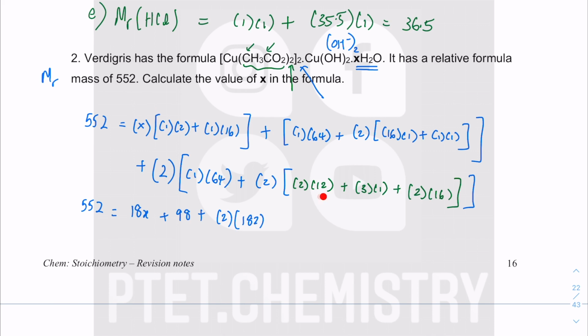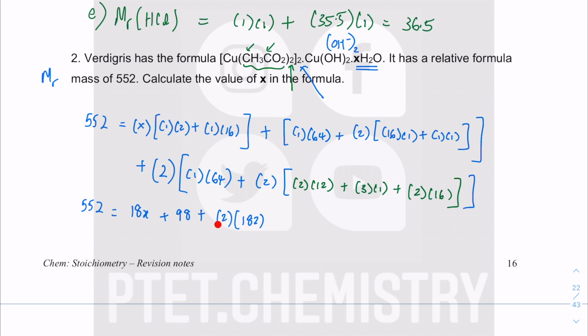So this time I'll do the thing inside the bracket first. So 2 times 12, plus 3 times 1, plus 16 times 2. I get 59. 59 is all of this green thing, times 2. I get 118, plus 64 times 1. What have I done? So times 2 is 118 plus 64. I get 182. You see, I think I've made a mistake already.